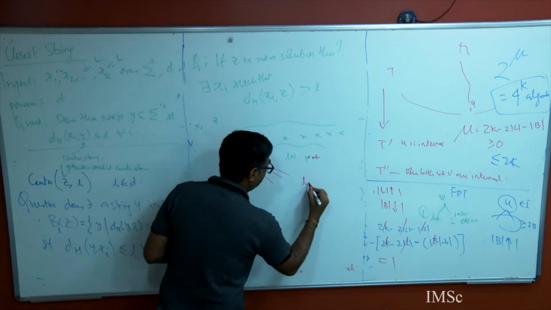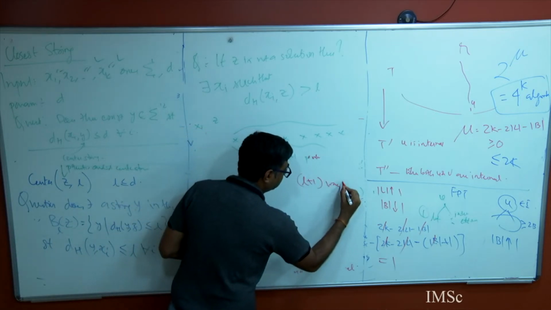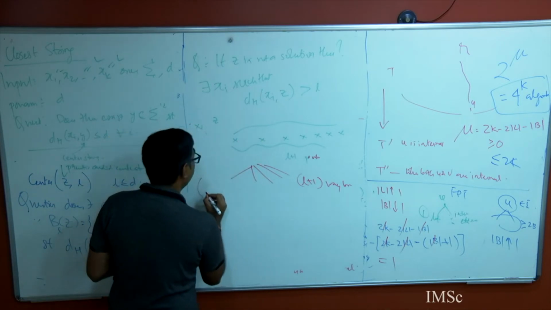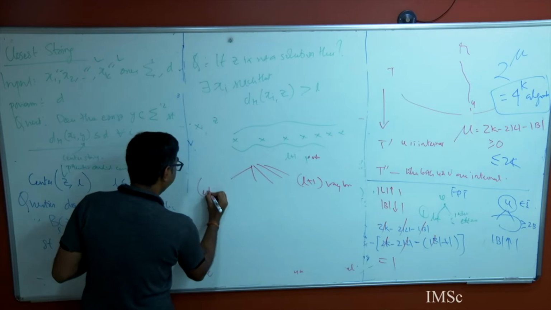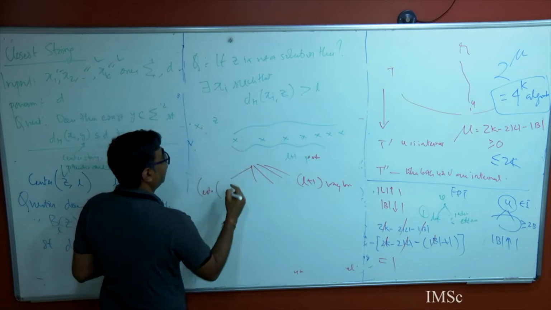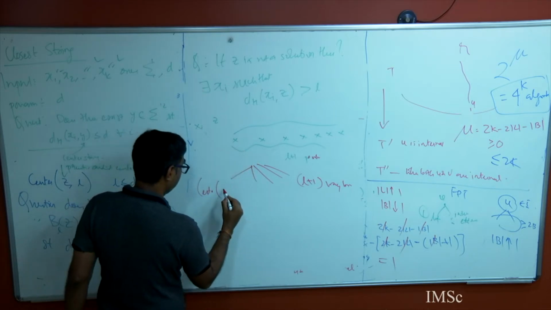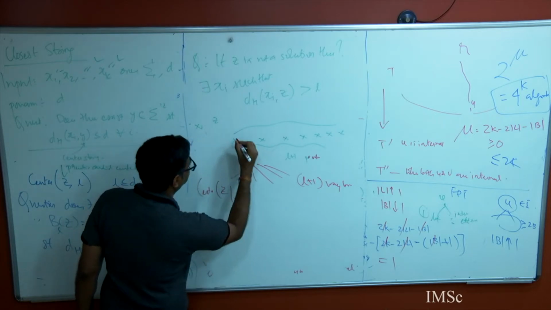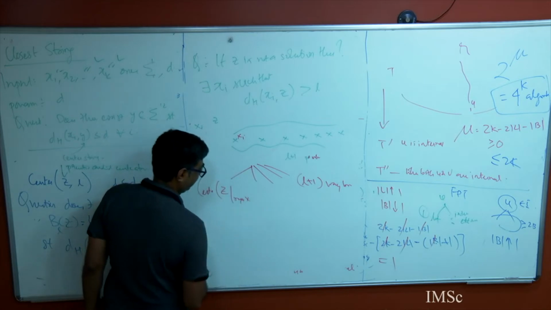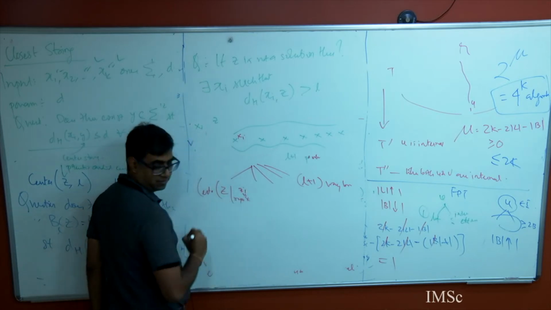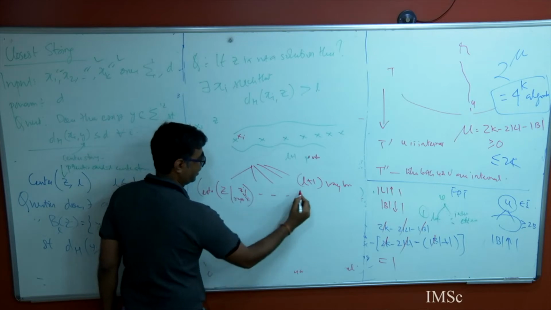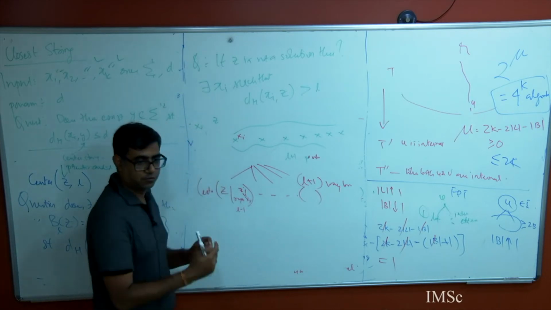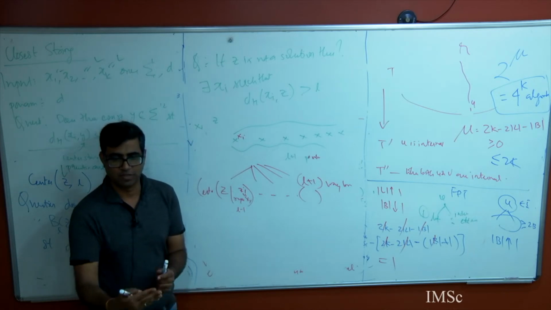I will do L plus 1 way branching, right? I take my center Z and replace some position of Z with the corresponding symbol of xi, and so on. I'm not writing it completely correctly. And what is my new parameter? L minus 1, because from Z I have gone to another string at one Hamming distance closer.